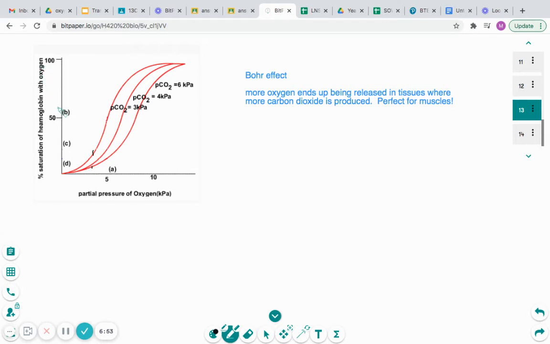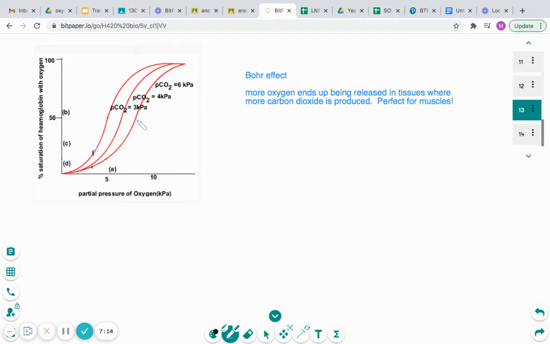Now we've got another variable to talk about. What happens to this dissociation curve if there are different partial pressures of CO2 present as well? So these three lines are showing different partial pressures, and as we move to the right, we're seeing that partial pressure of CO2 is going up.